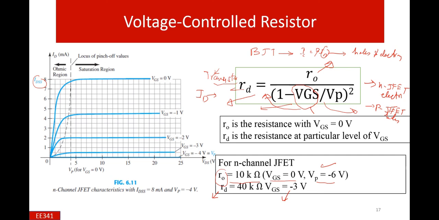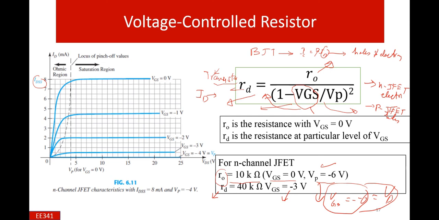And if we take VGS equal to -6, the magnitude equals VP. In this case there is no current, so there is infinite resistance.